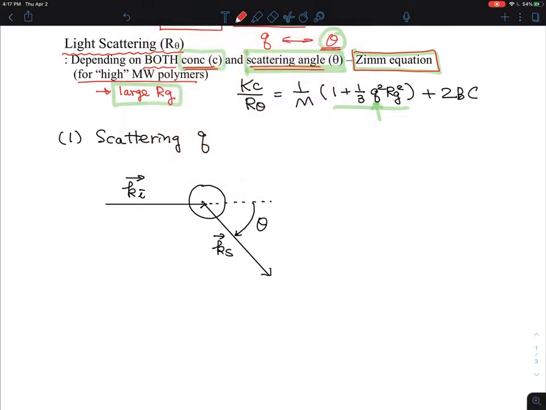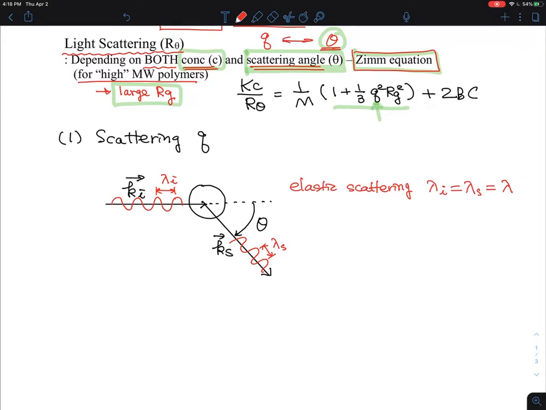What I can visualize here is an oscillation of the electric field, with a wave vector and a wavelength of the incident light, lambda I. We are assuming elastic scattering, so the same color of light will be scattered, and that's lambda S. Elastic scattering is assumed here, therefore the incident light and scattered light have the same wavelength.